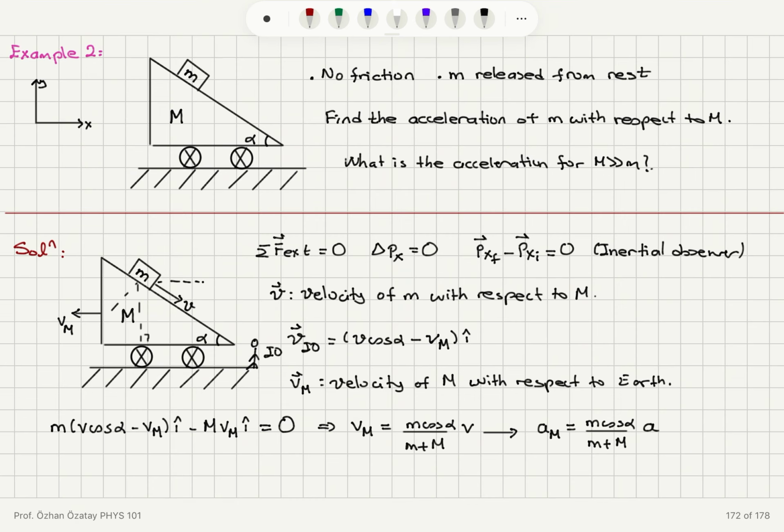Now I want to look at this problem by drawing a free body diagram according to the non-inertial observer. Who is the non-inertial observer? The guy on the wedge is the non-inertial observer. Okay, so let's carefully draw a free body diagram for m from the point of view of the non-inertial observer.